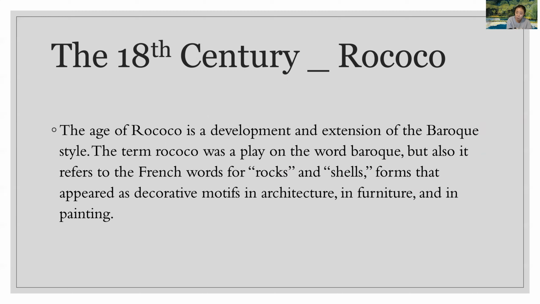The term Rococo was a play on the word Baroque, but it also refers to the French word for rocks and shells, forms that appeared as decorative motifs in architecture, in furniture, and in painting. The Rococo subjects and mood of art are slightly different from the Baroque, even though it is an extension of the Baroque.